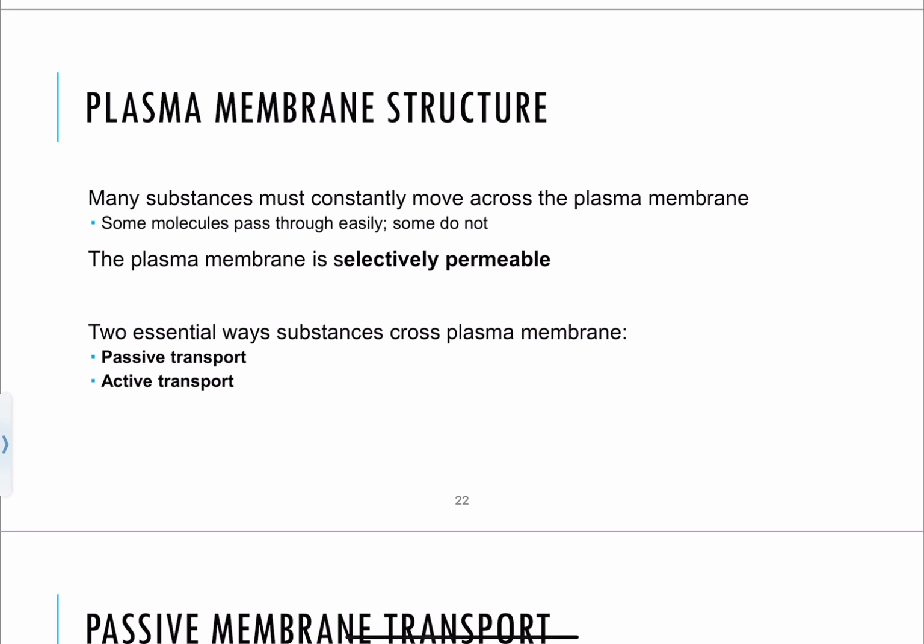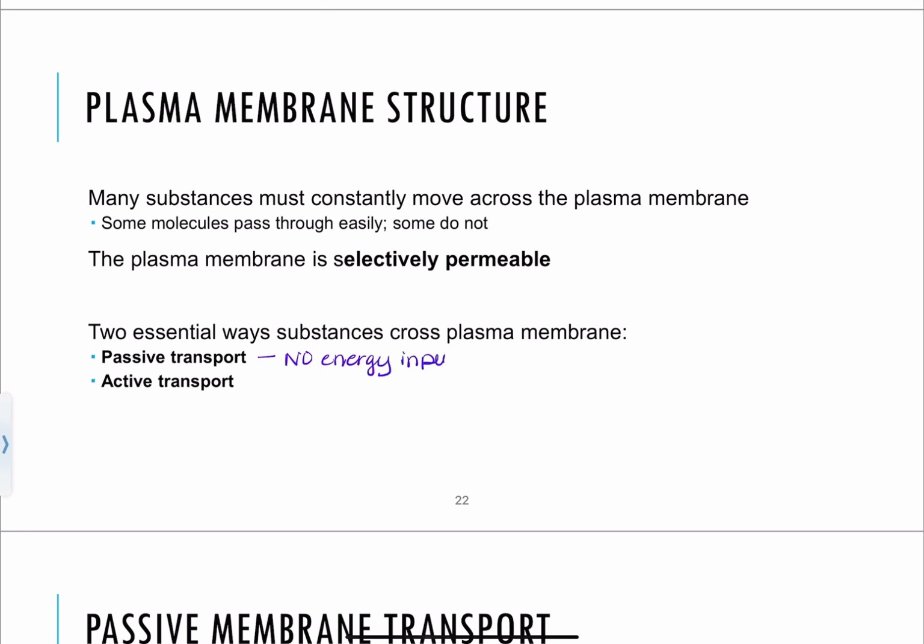So this is where your worksheet comes into play to help you organize everything that we're going to go through in this lecture and the following lecture on active transport. The big difference when we talk about passive and active transport is whether or not it requires energy. Generally speaking, passive transport means that no energy input is required.